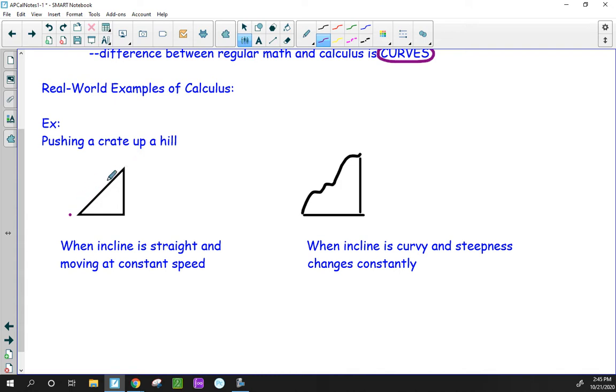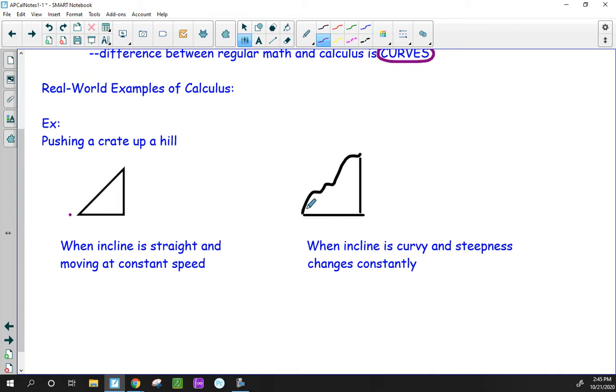When the incline is straight, let's say you're going to move at a constant speed, you're not going to stop and rest, but you're going to go at constant speed until you accomplish your goal of reaching the top. This is a straight line. There's no curve to it. So this would be an example of what they call a pre-calculus type problem.